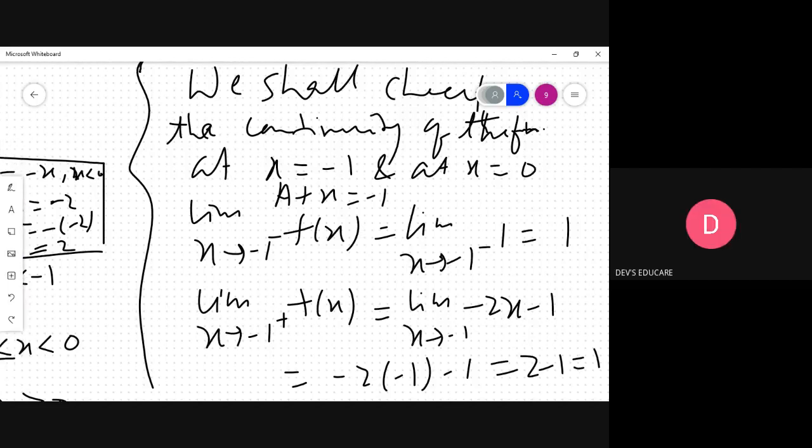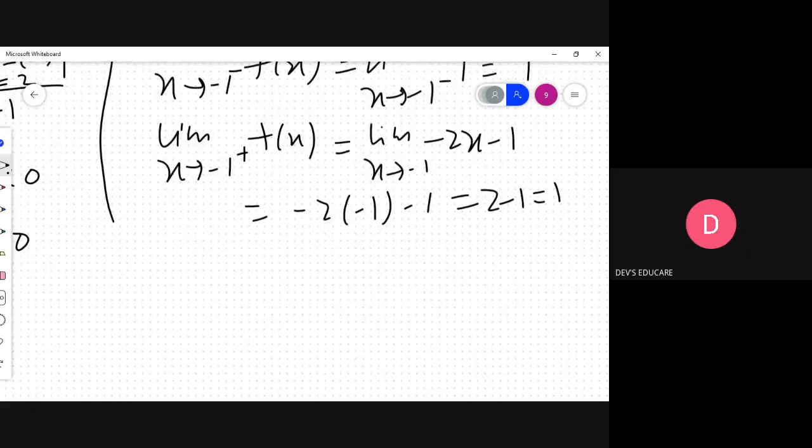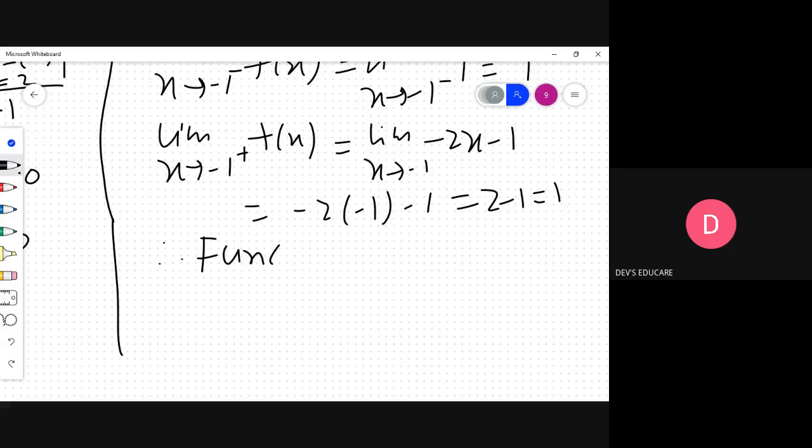So the left and right limits agree, and the function is continuous at x equals minus 1.